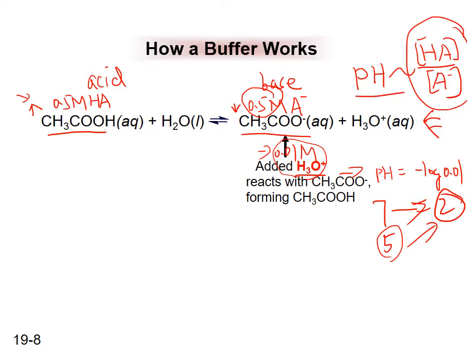Similarly, if we add hydroxide, again, even a small amount, 0.01 molarity, will give you a big change if this is added to a non-buffer solution. But if you add it to this solution, notice we have acid in the solution.